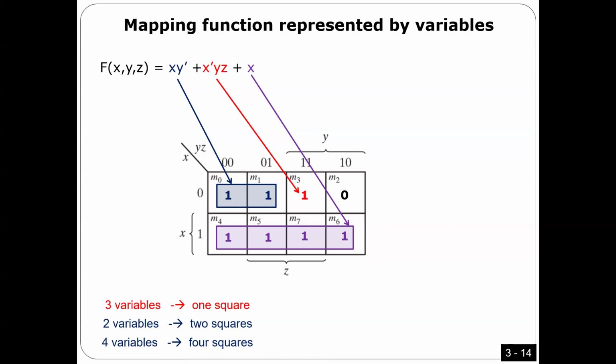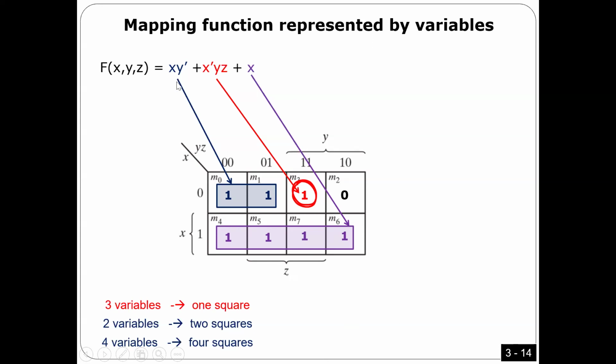If you cover all the ones in groups, you have the correct function, but it may not be the most simplified. To make it the most simplified, number one, you need to minimize the number of groups. In this example, I have 3 groups.